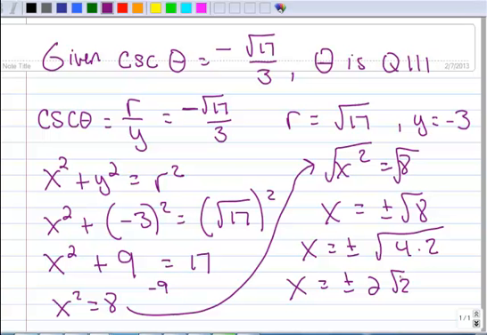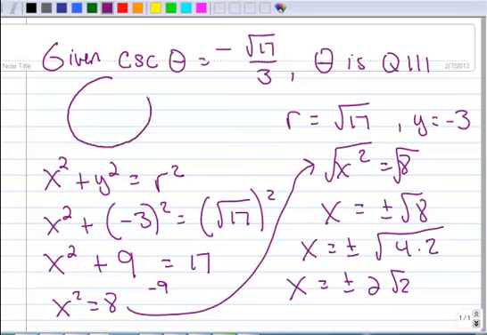Well, if it's in quadrant 3, let's sneak a little circle in here and take a look at it. So in quadrant 3, I would have some x over here, some y over here.